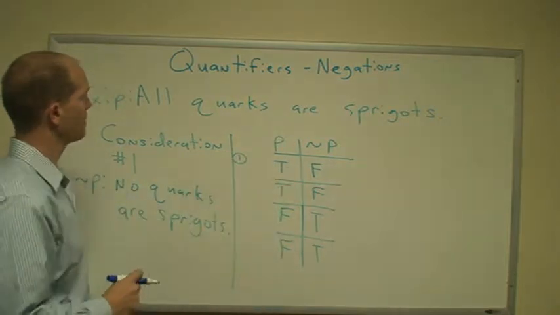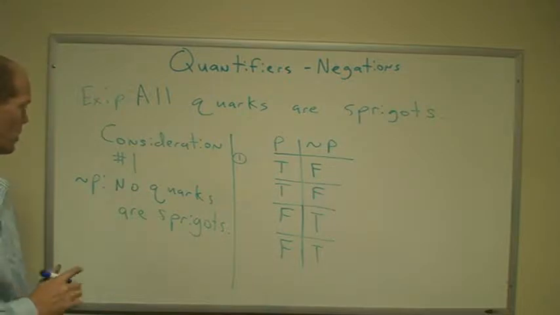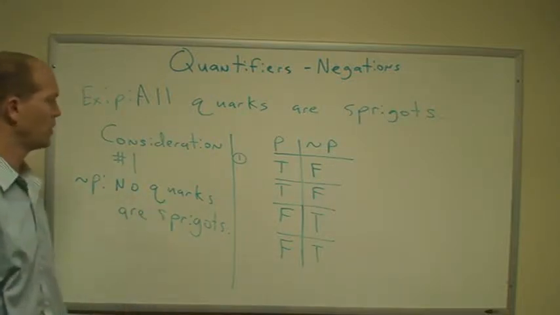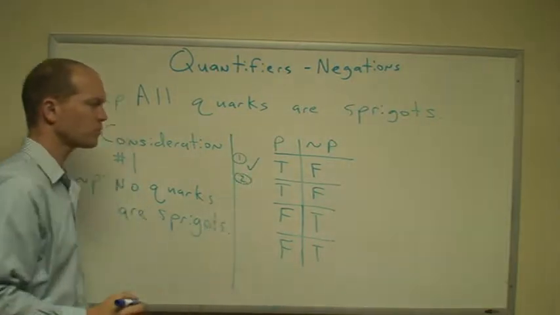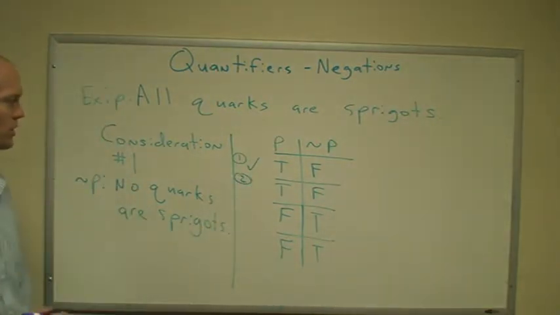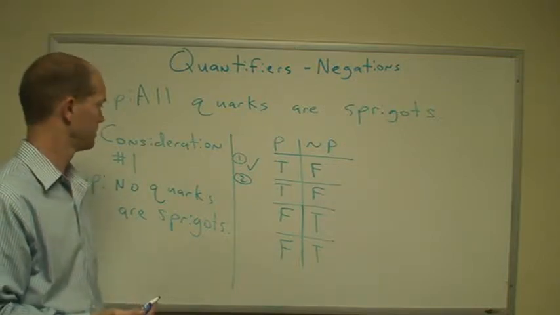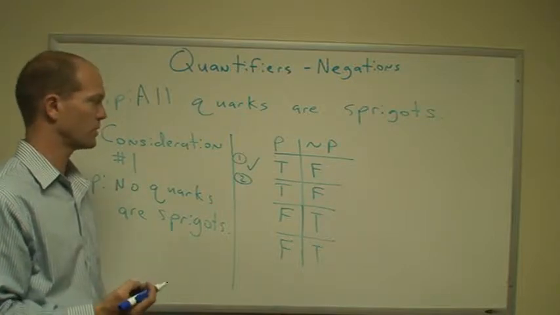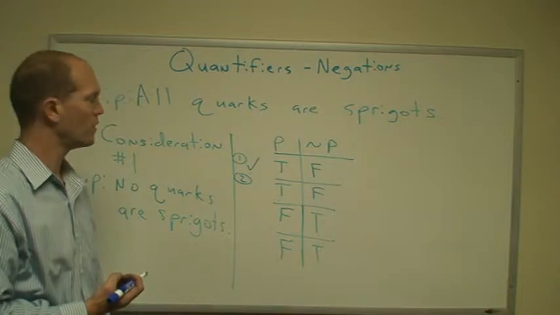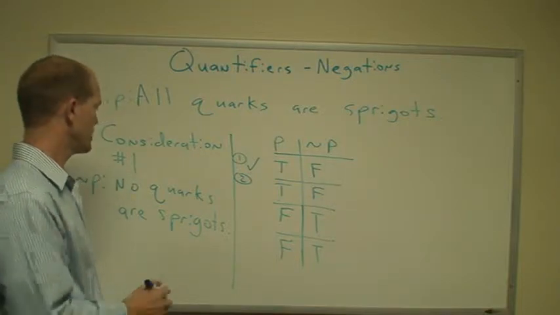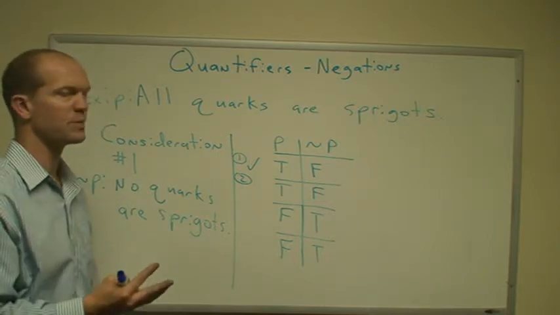Looking at this first line, if it's true that all quarks are indeed spriggans, then it would be false that no quarks are spriggans. That looks reasonable. Number 2: here we're saying it's false that no quarks are spriggans. Well, if we consider what would make that false, what if there was one quark that was a spriggan, or two quarks, or three quarks?